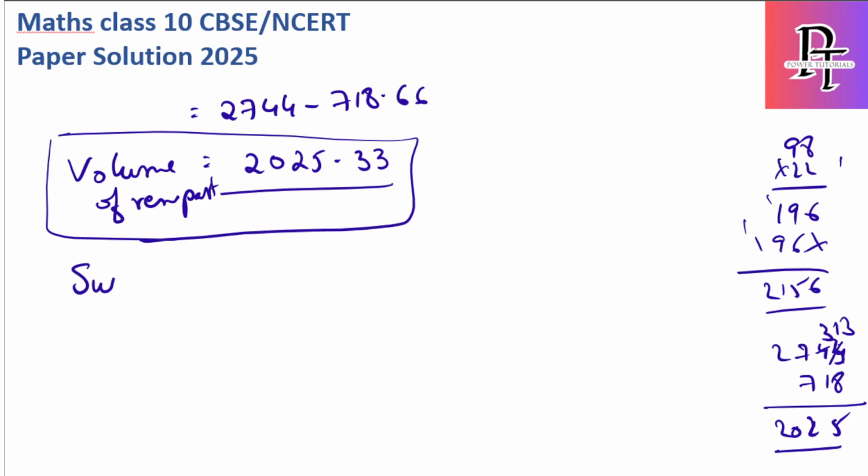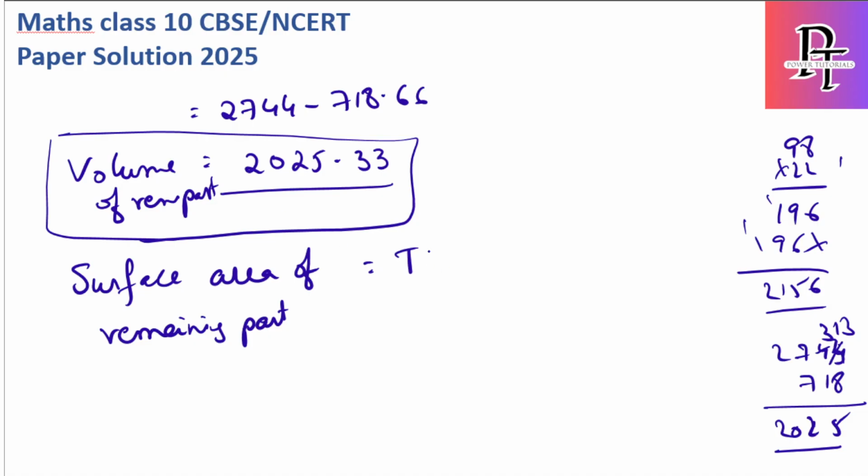Let's see the surface area of the remaining part. Surface area of the remaining part is, we have to first write the total surface area of the cube plus CSA of cone minus the base area.